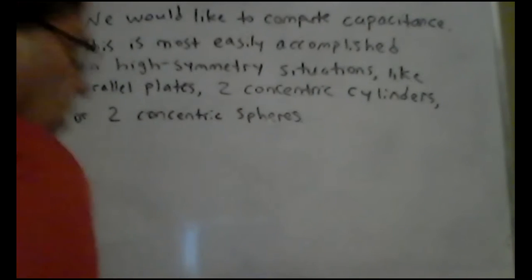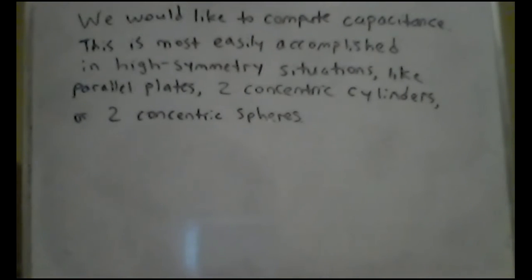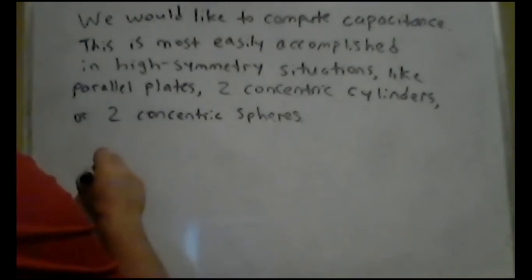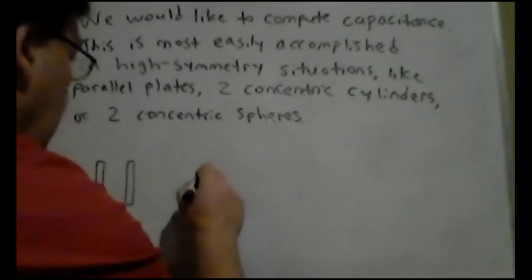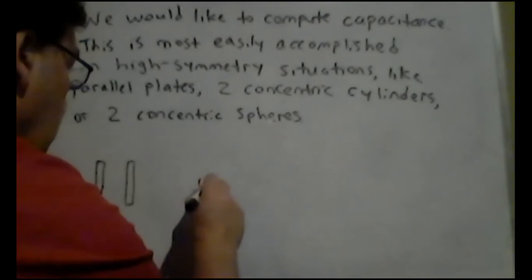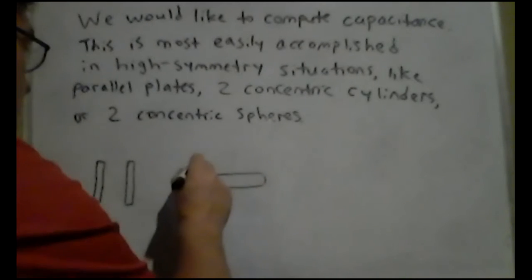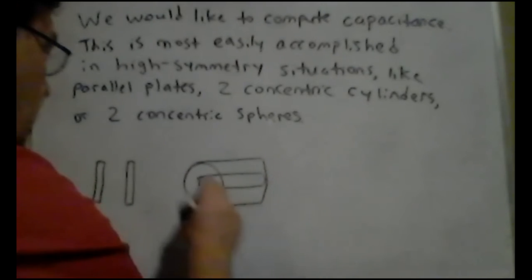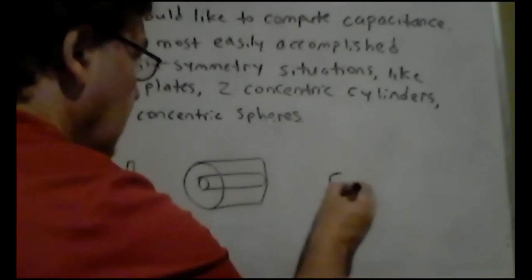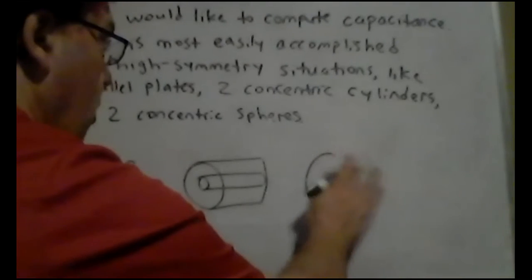When I say concentric cylinders, I really mean cylinders that are centered about the axis of the cylinder. So, for instance, a good example in our case would be parallel plates. Possibly two conducting cylinders, so a cylinder inside of another cylinder. Here is a conducting cylinder, and on the outside is another conducting cylinder with air in between. Or you could have a sphere and then another sphere, and there's air in between.